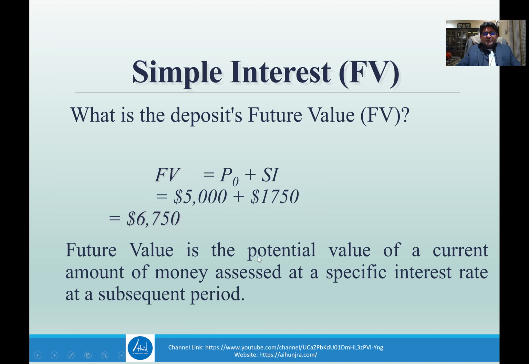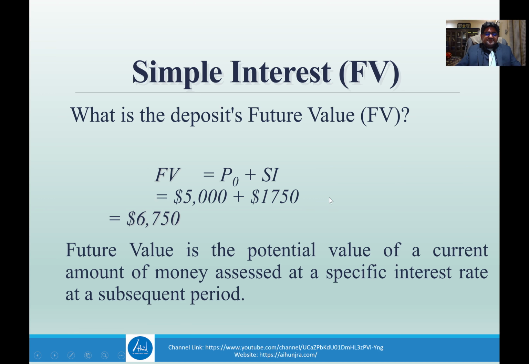Future value is the potential value of a current amount of money assessed at a specific interest rate for a specific time period. So the future value of the 5,000 investment after 5 years at 7% is $6,750.